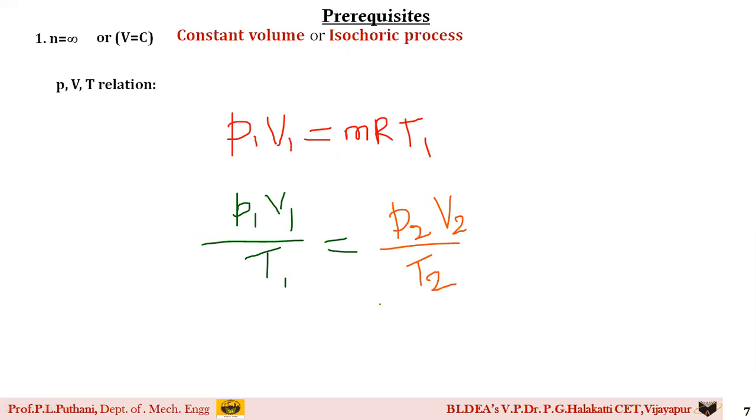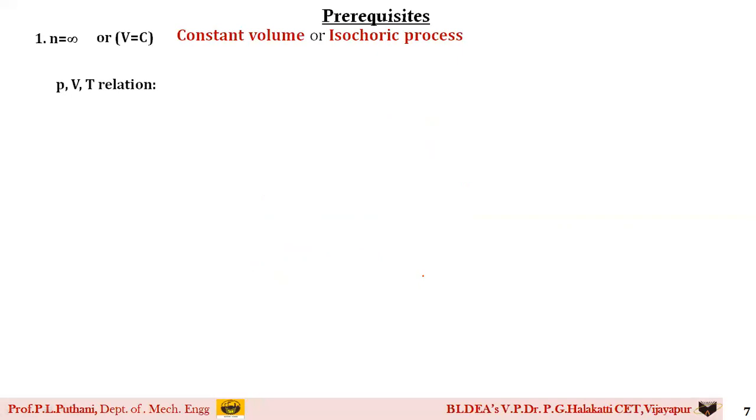Now, according to this constant volume or isochoric process, the volume remains constant. If V1 is equal to V2, then what is your equation? You are getting P1 by T1 is equal to P2 by T2. This is our PVT relation when volume is constant, that is P1 by T1 is equal to P2 by T2.